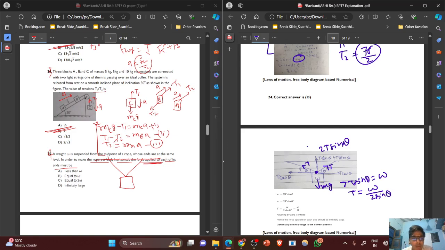Okay. Now what do we want? We want the rope perfectly horizontal. Perfectly horizontal means theta equals 0. If theta tends to 0, tension tends to infinity. So what would be the force? It would be infinitely large. If you want to make the rope horizontal, then the tension should be infinitely large.